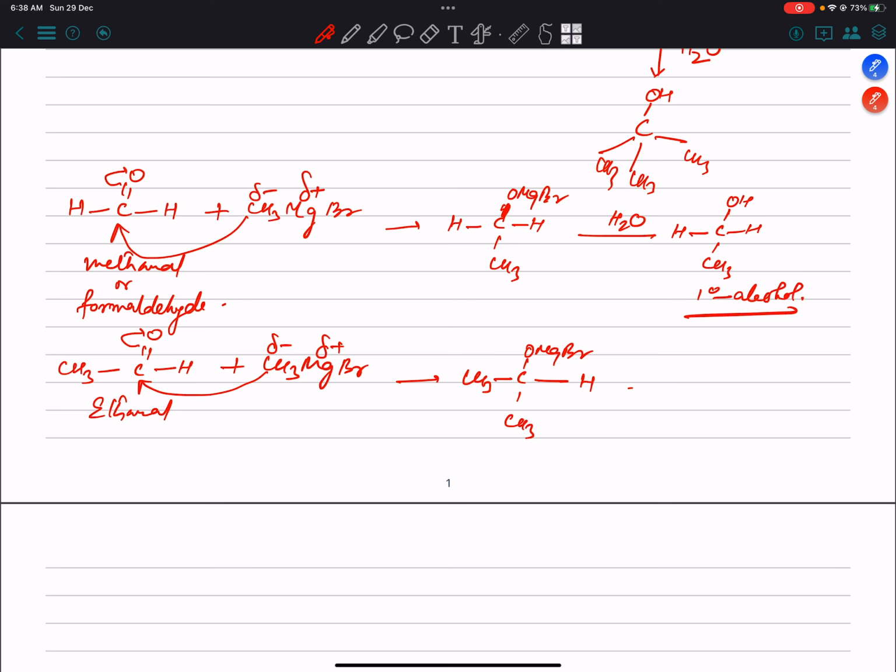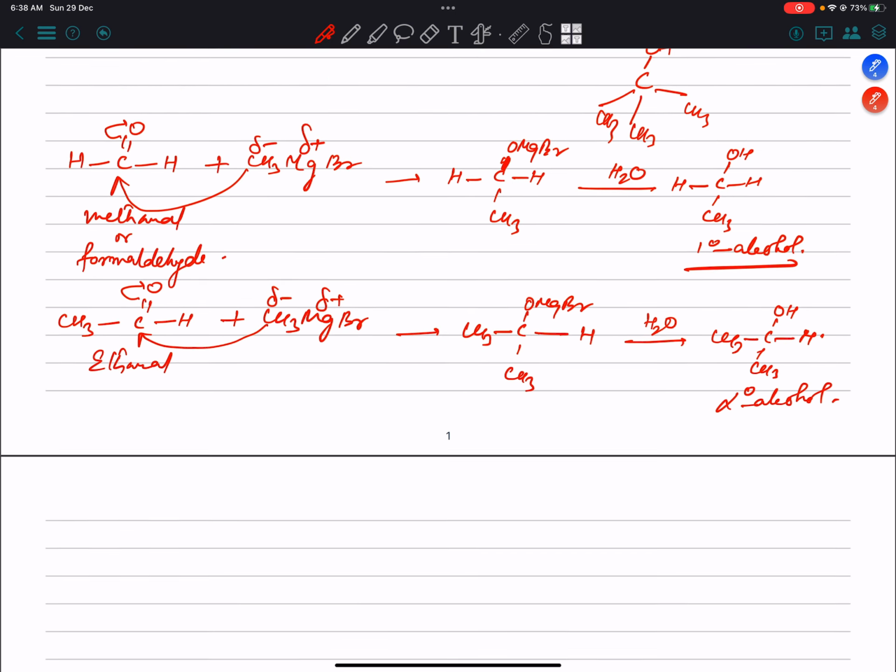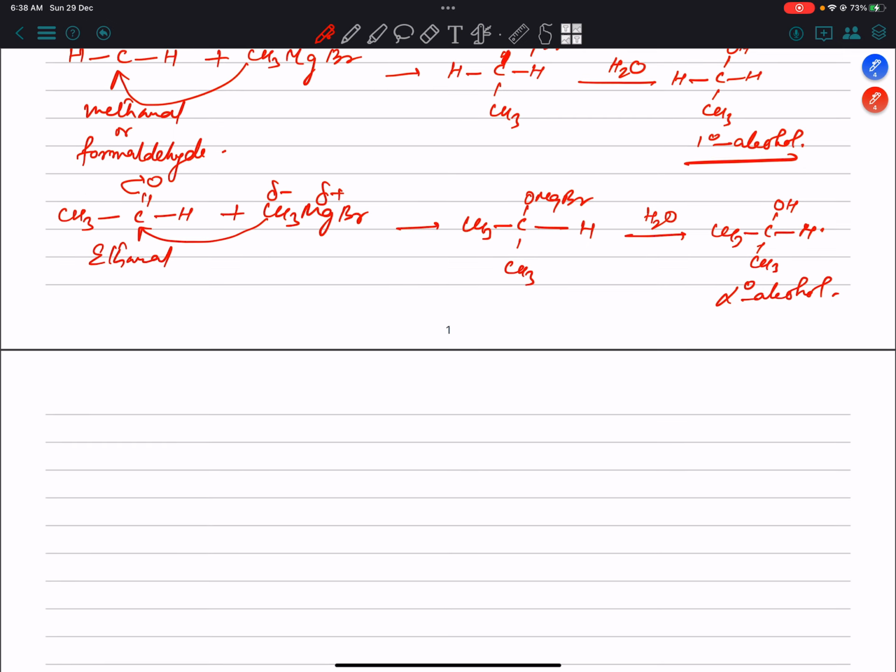This is an addition product, and then on further hydrolysis it will give CH3CH(OH)CH3. This is a secondary alcohol. So, an aldehyde other than methanal with Grignard reagent gives secondary alcohol.